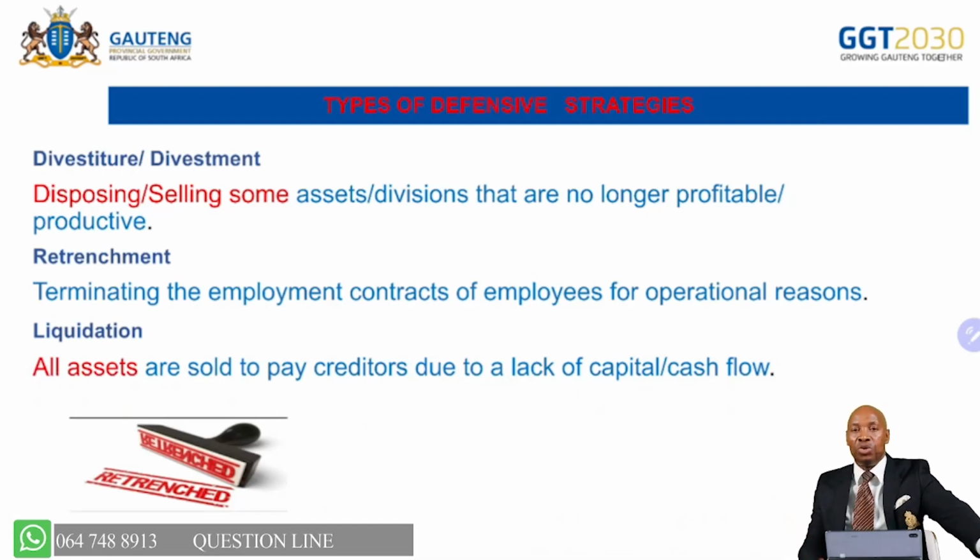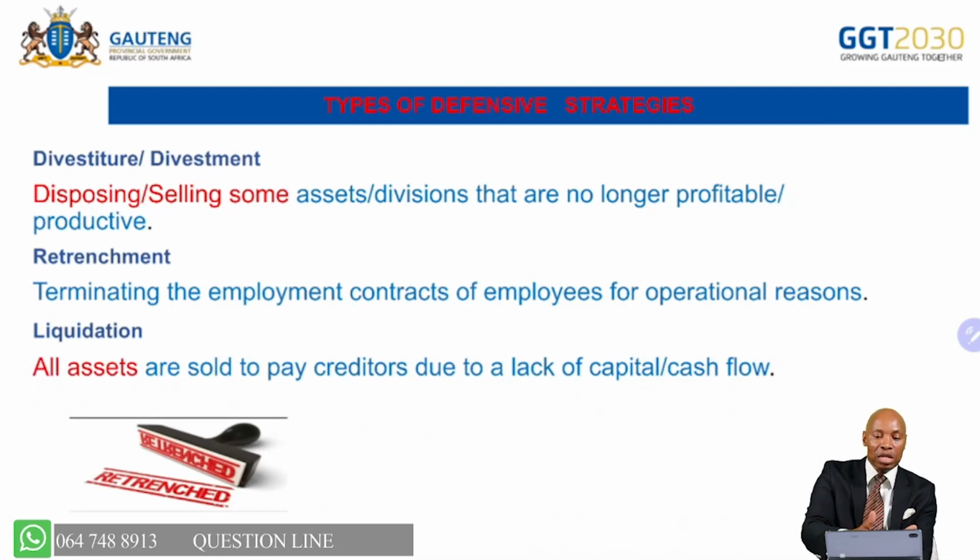Hence, I said to you, as I was explaining the macro environment, that it's a very dynamic environment. It's an environment that changes. As a business, you can plan to say, this is how I'm going to operate. But because of the changes in technology, they give you a challenge. The changes in economic, they give you a challenge. The changes in legal requirements, they give you a challenge. But with your defensive strategy, you are responding to economic condition.